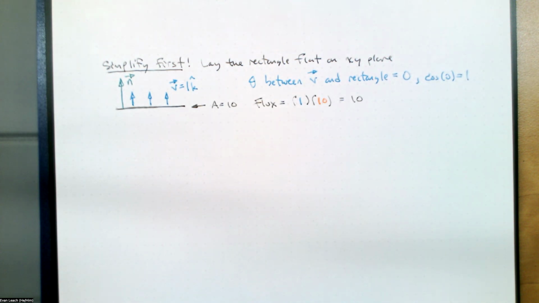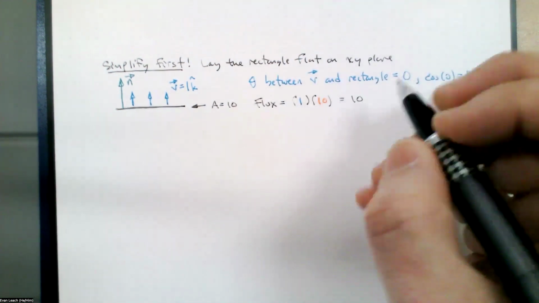Y'all should be immediately suspicious about what I wrote here, because flux is a dot product of the velocity vector dot the area vector. And I just wrote like times 1, the scalar, times 10, the scalar. What did I not write here? Cosine of 0.